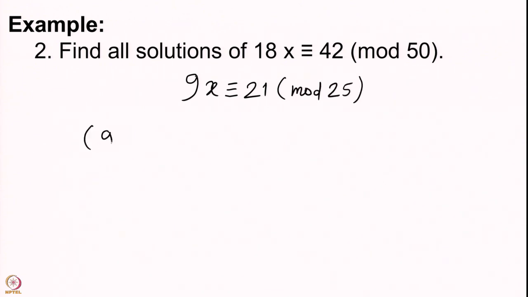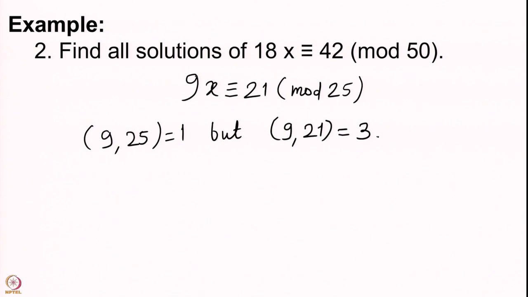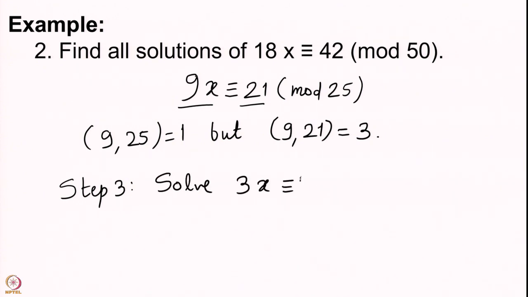The GCD of 9 and 25 now is 1, but 9 and 21 have a non-trivial GCD, which is 3. So, this can still be cancelled out from the coefficient of x and the constant term, and thus we get 3x congruent to 7 modulo 25.